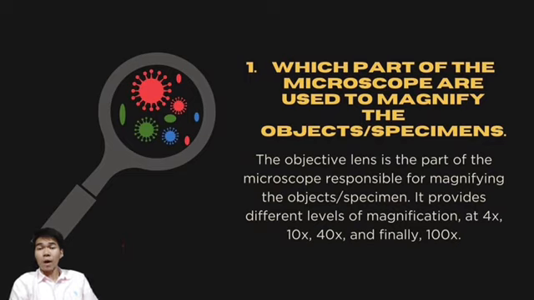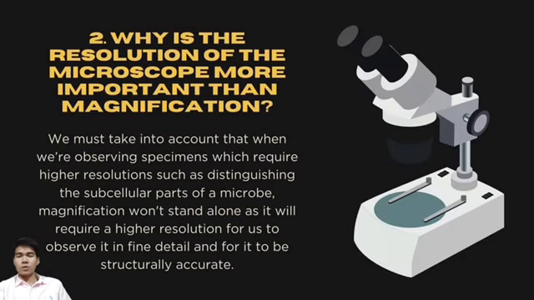So the low power is color coded with red, which is the 4 times. And then the high power is coded with oil, which is 100 times. So this level of magnification reveals structures that cannot be seen by the naked eye. The second question is why is the resolution of a microscope more important than magnification?